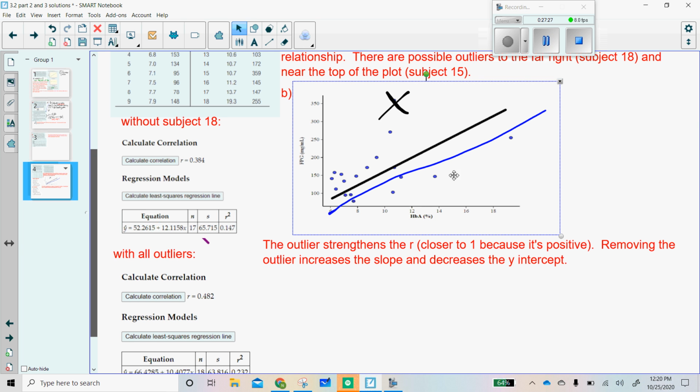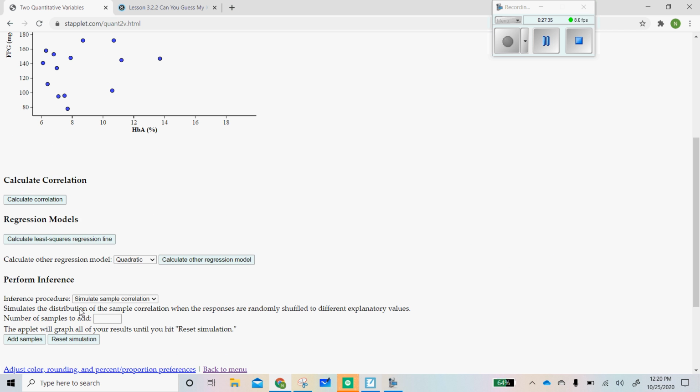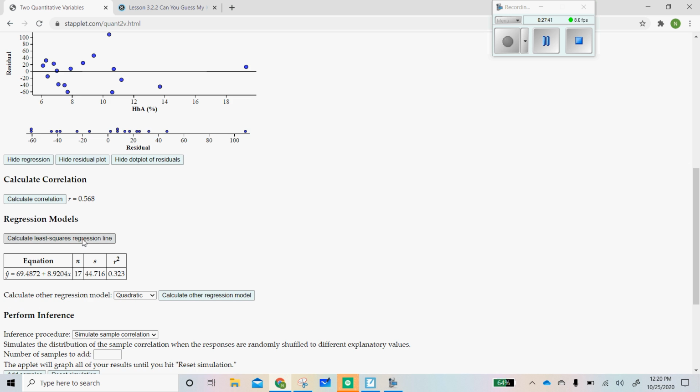So if I took it away, it would make R stronger. So if I put it in, it's making R weaker. It's making it closer to 0. Let's run some analysis and see what happens.